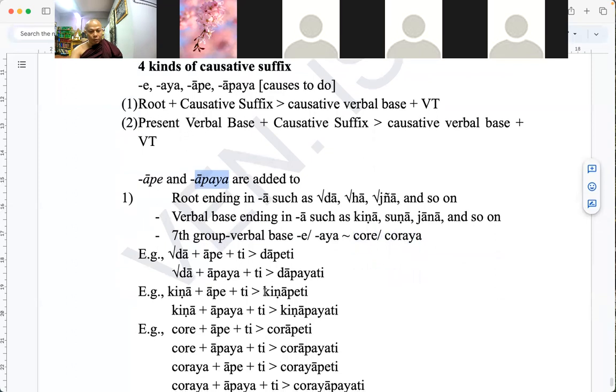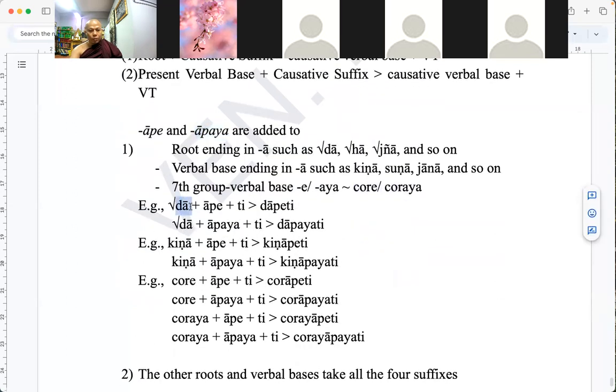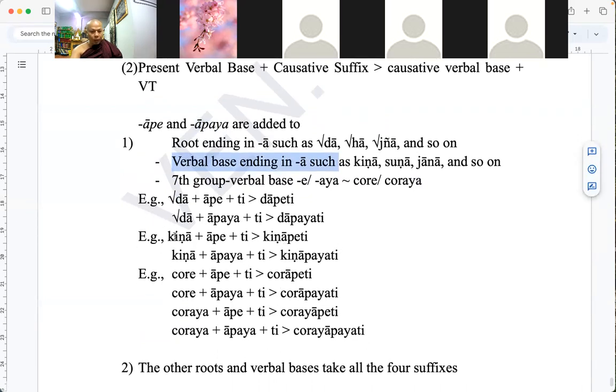But here, da, ru da: dapeti, ruhapeti, rujanyapeti and so on. And to the vowel base, like ki na: ki na peti, su na peti, jana peti, and so on.